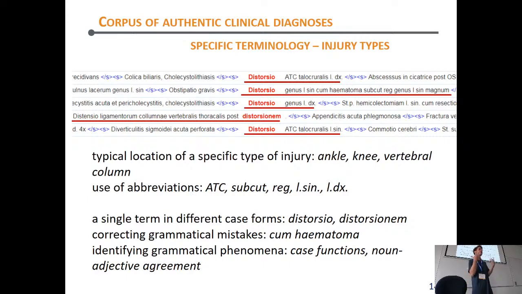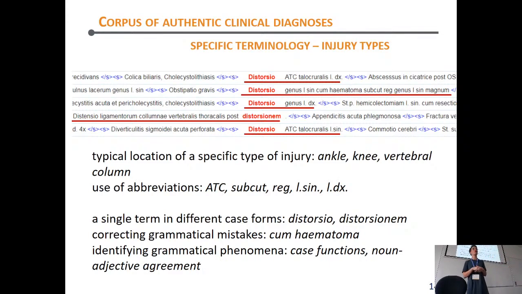Of course, other things can be done based on these reports to revise grammatical phenomena. So students can be asked to correct mistakes. They usually like to do that a lot. Of course, it's sometimes a little bit demotivational, because students will tell us that, yeah, the doctors make mistakes and it still works.